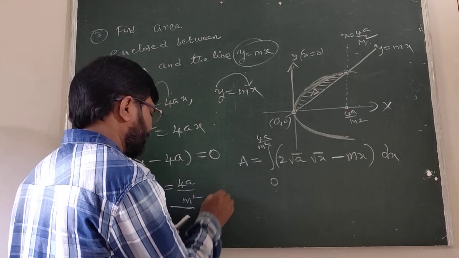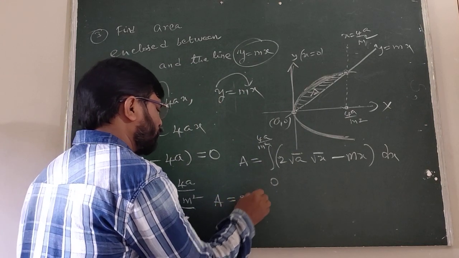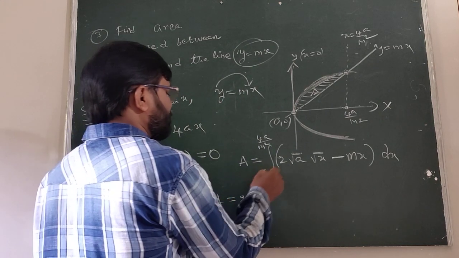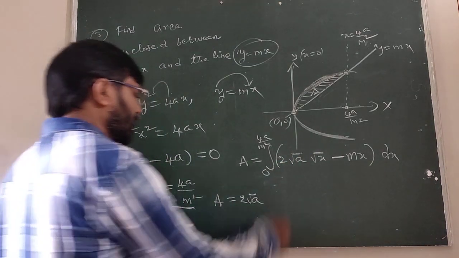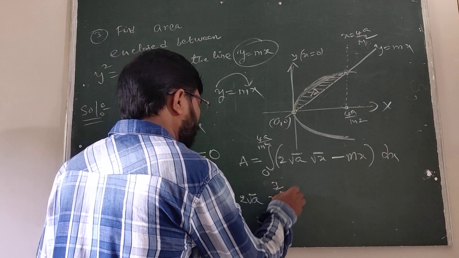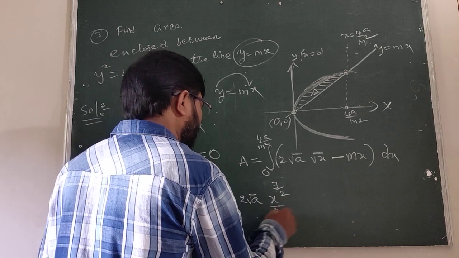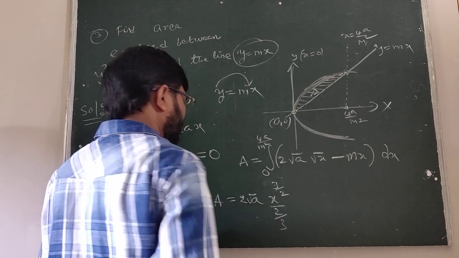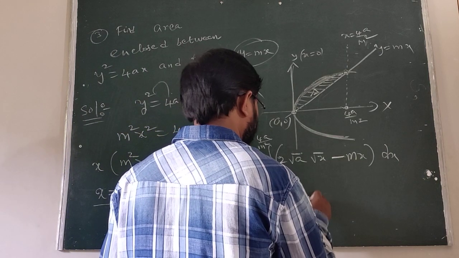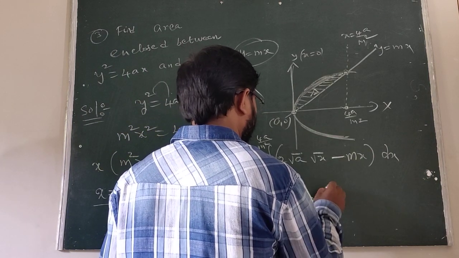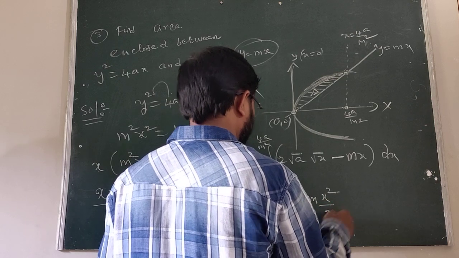Now we can look here: twice into root a, the root of x is x power 3 by 2, upon 3 by 2, minus m into x square by 2.